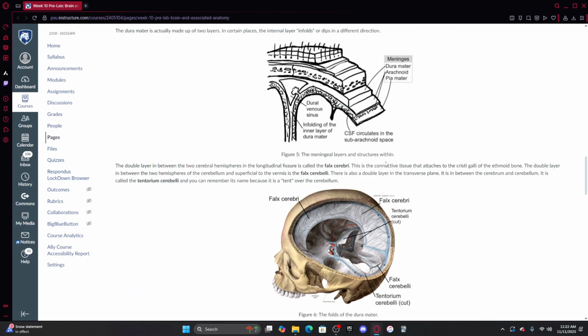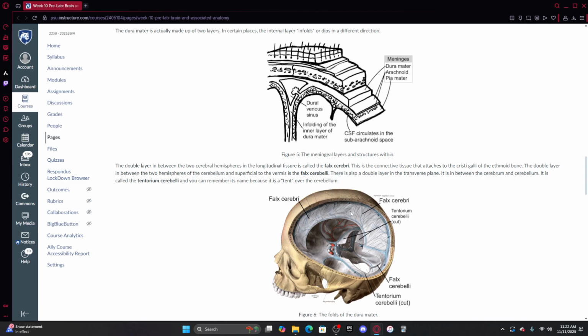Right, and one thing that's very important with the dura mater, it's going to hold the sinuses. So inside of the dura mater, you're going to see the dural venous sinuses. So right when we're looking at some of these meninges, we have this first one, the falx cerebri, and then you have the falx cerebelli, right?